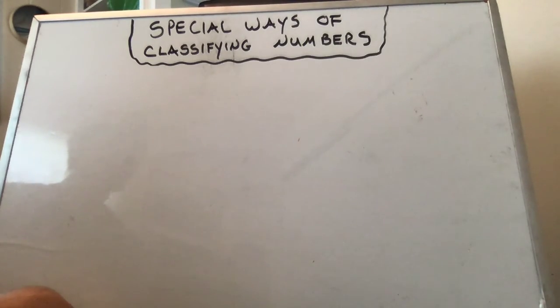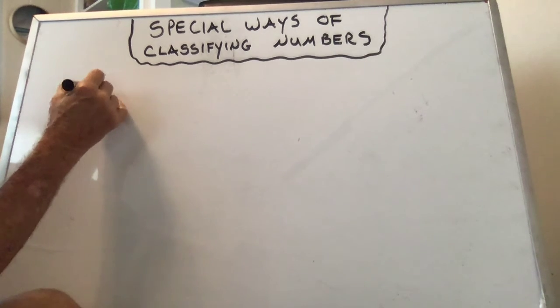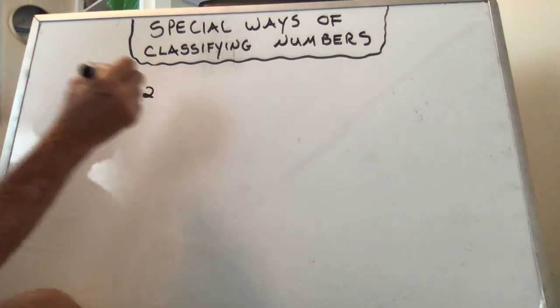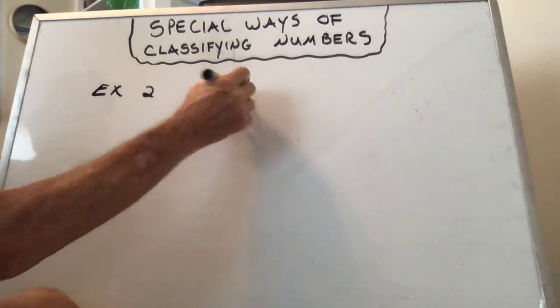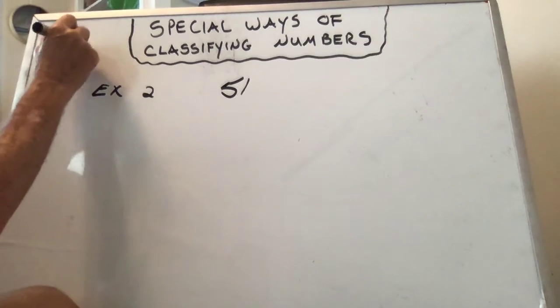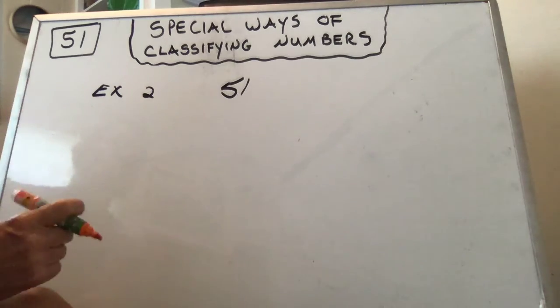Okay, so our new number this time, we're going to start with the second example. So example 2, let's use 51. I'm going to go ahead and write it up here. So same exact thing. First, we find all the factors.